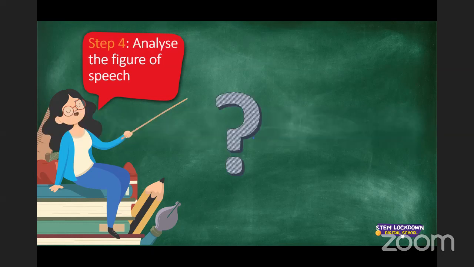And the fourth step would be to analyze the figure of speech. I did give you a hint there. Anyone who would like to try to analyze this metaphor, Olympus: what is Caesar saying there?